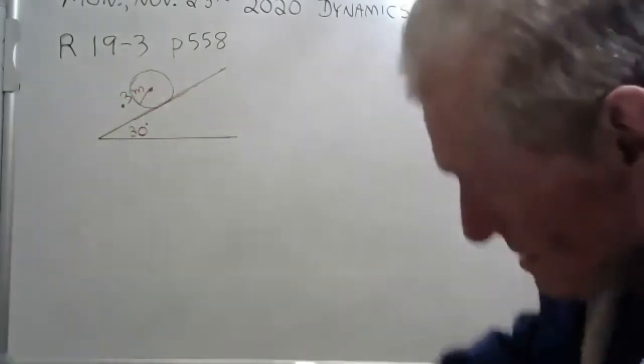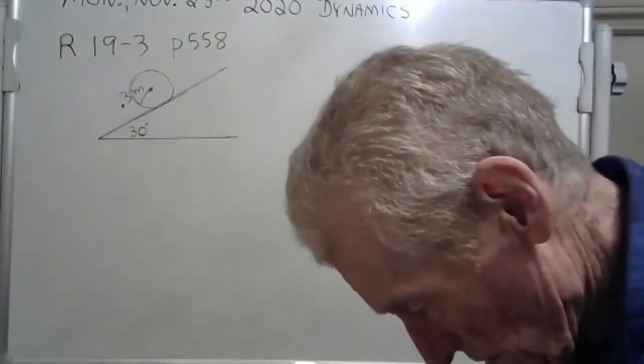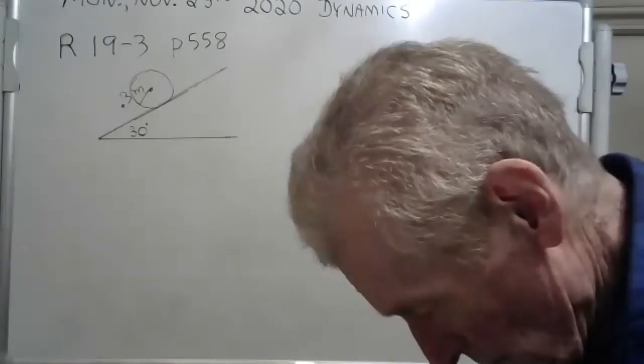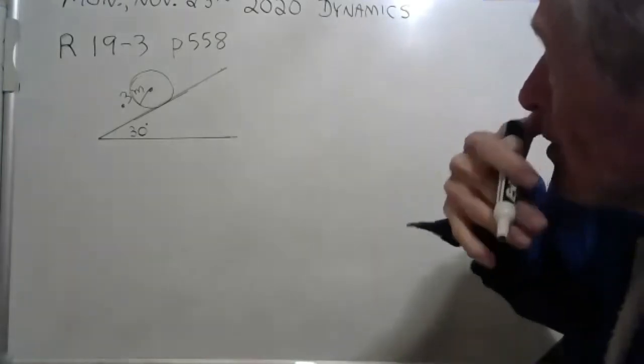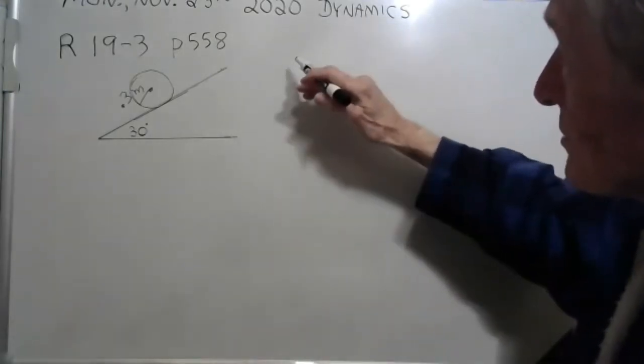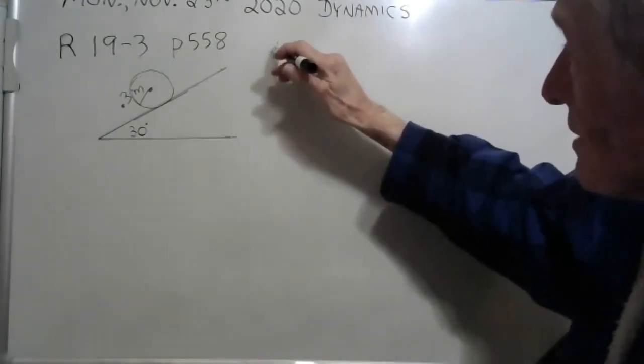meters. But the radius of gyration is 0.225. So let's get the moment of inertia on this thing.